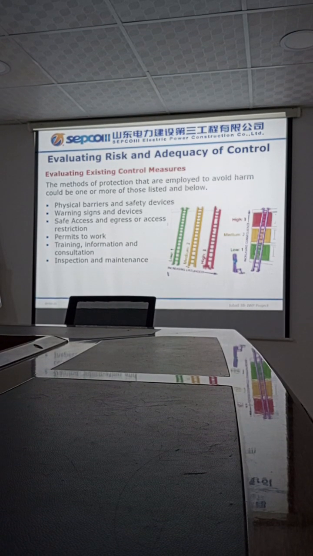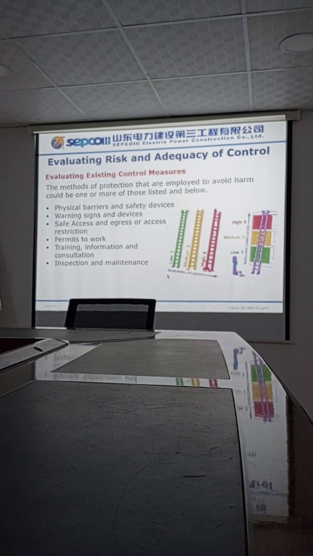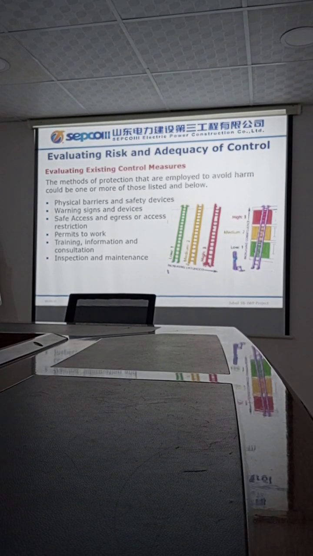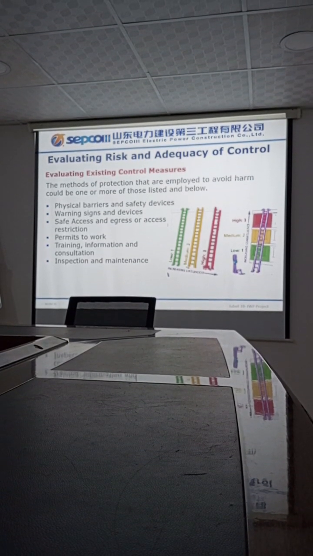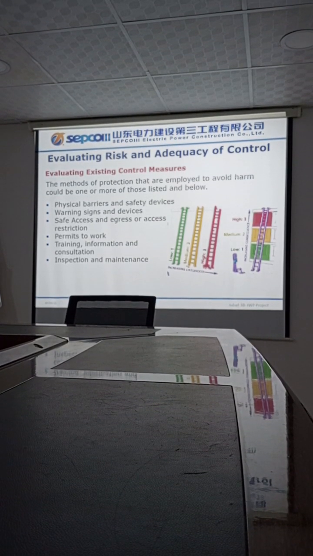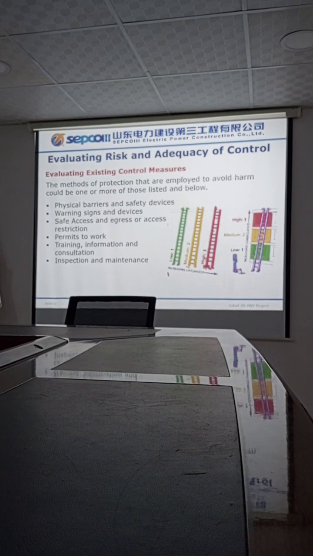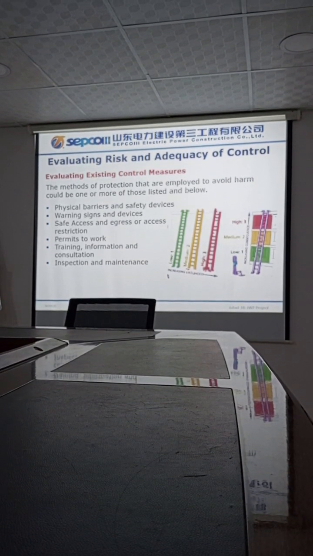Inspection and maintenance. If the equipment has no inspection, then there is the possibility of accident. If it is inspected and maintained, the equipment is in good condition, so breakdown or injury to someone is very less. Still they have chances, but very less.